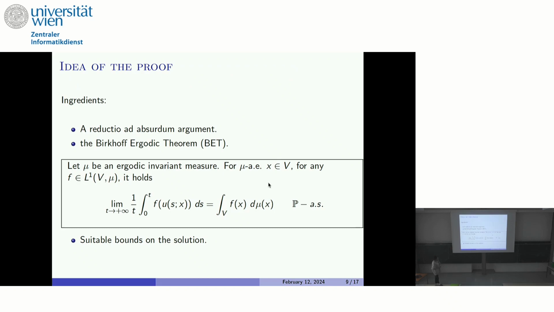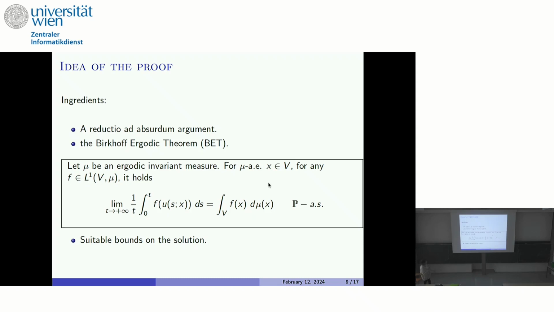The proof relies on a reductio ad absurdum argument, and in particular in the proof we exploit the Birkhoff ergodic theorem. So if you have an ergodic invariant measure mu, then you know that for mu almost every element in V, for any function which is integrable with respect to mu, when time goes to infinity, the mean in time converges to the mean in space, where you take the mean with respect to the invariant measure.